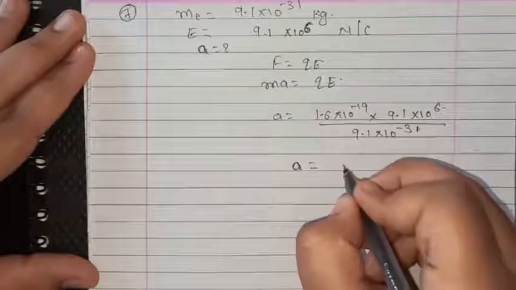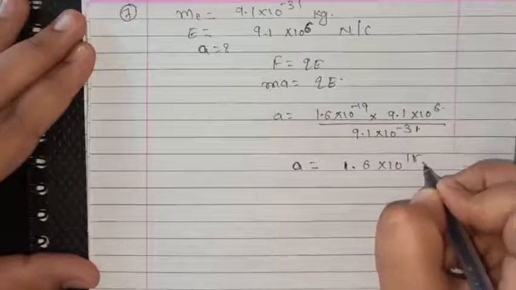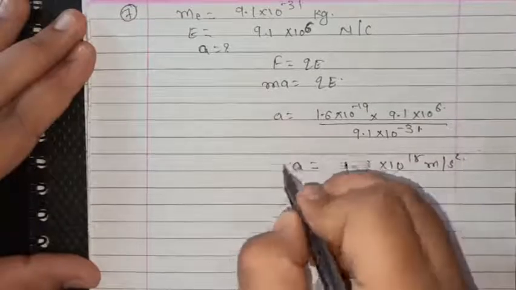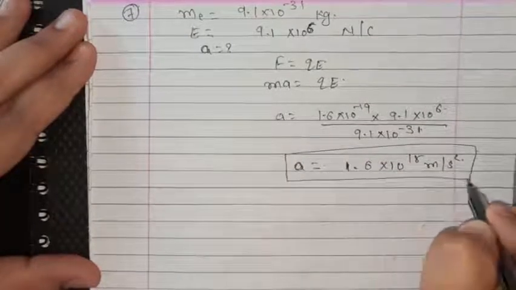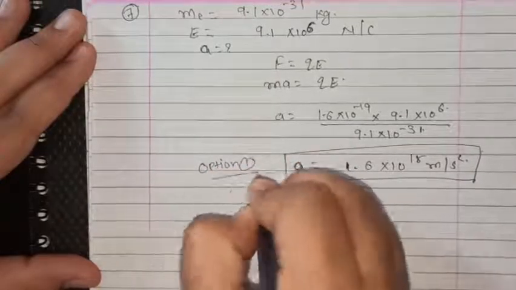Simplifying this, we'll get acceleration is equal to 1.6 into 10 power 18 meter per second square. So option 1 is the correct option.